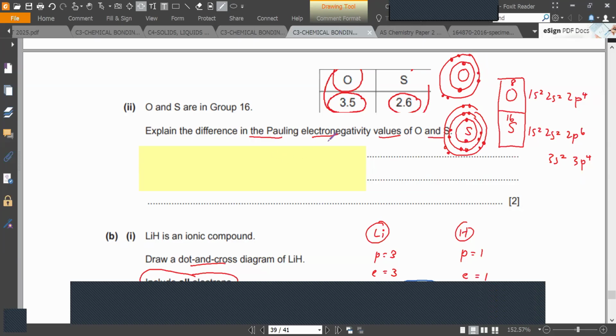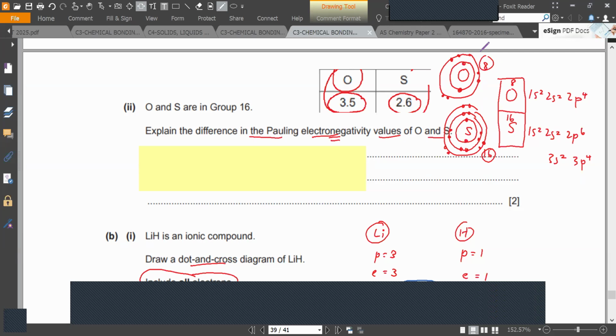Okay, so the electronegativity depends on the nuclear charge and the radius. Which one is having a higher nuclear charge? Sulfur. Sulfur has a higher nuclear charge, which is 16 protons. Oxygen is 8.